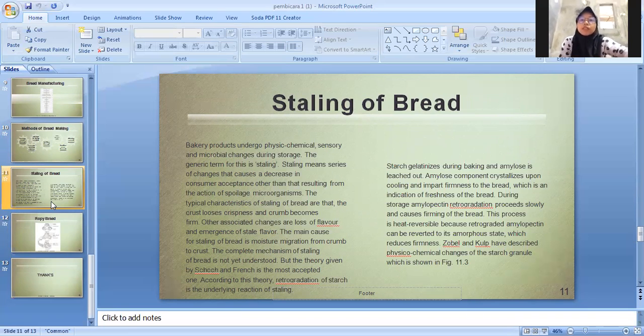Staling of bread. Bakery products undergo physicochemical, sensory, and microbial changes during storage. The generic term for this is staling. Staling means a series of changes that cause a decrease in consumer acceptance other than that resulting from the actions of spoilage microorganisms.